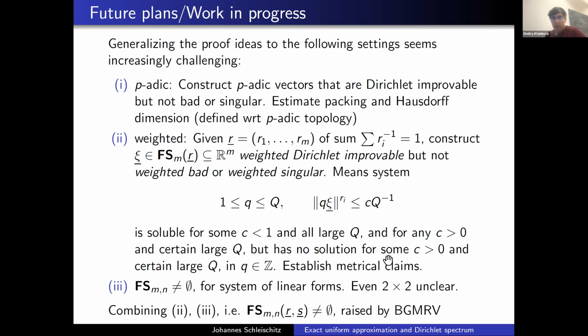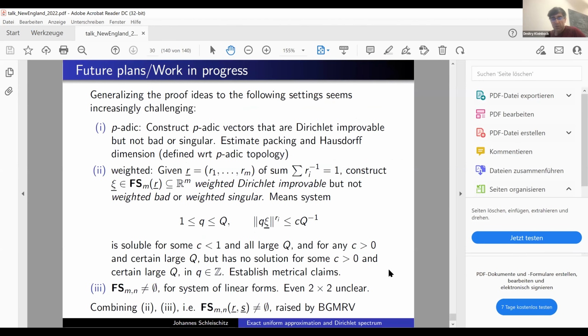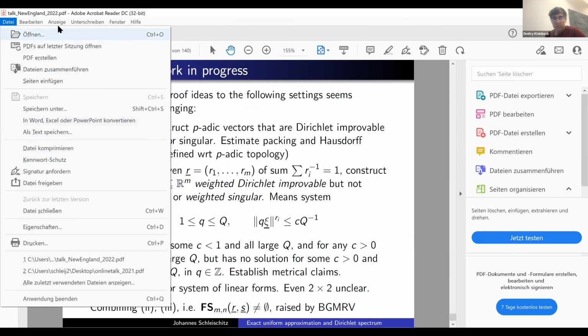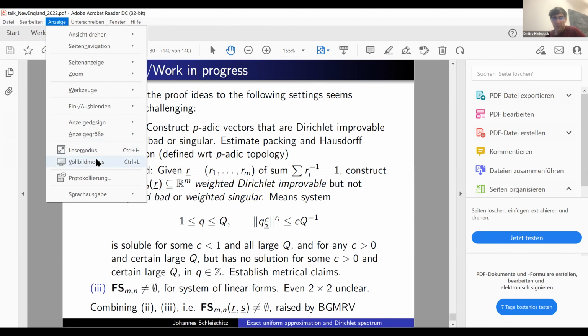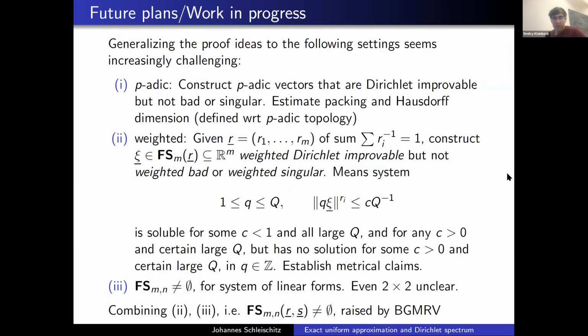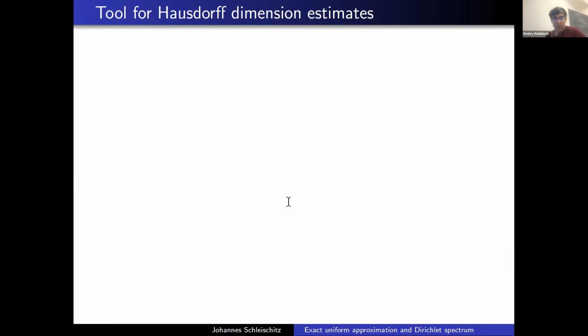So if you allow me, can you come back to the point where we construct some vector? And then you say that this vector has precise Dirichlet exponent c.